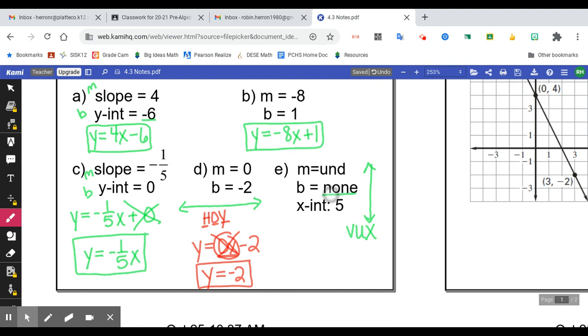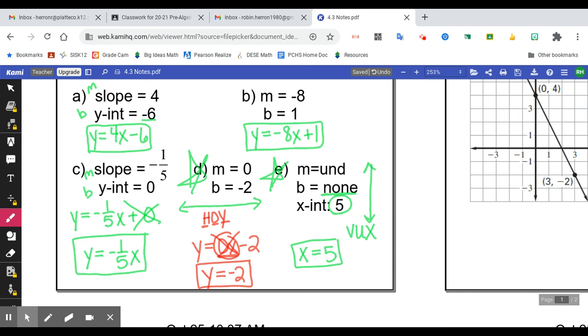That's why it says there's no y-intercept. It's straight up and down. So if it's an x equals equation, the only number we care about is the x-intercept, which is 5. And there's your equation. So obviously, the HOY-VUX ones are very special, which is why we talked about those separately.